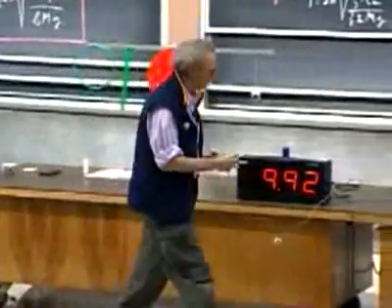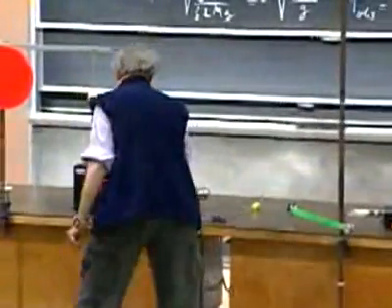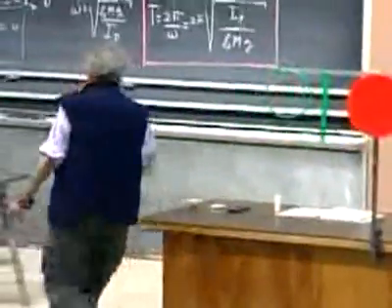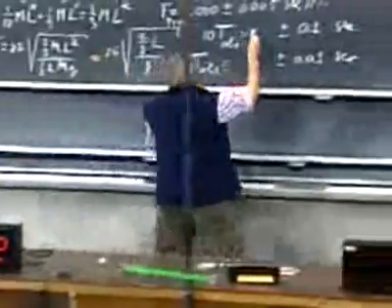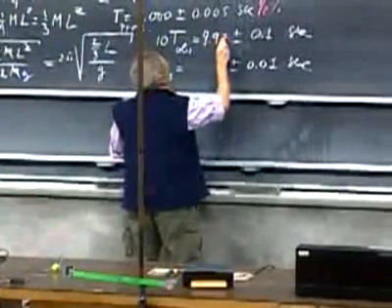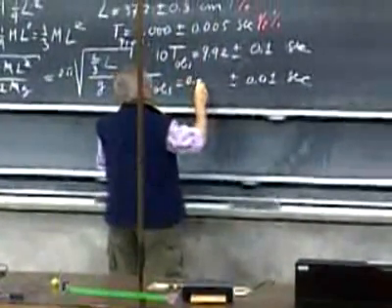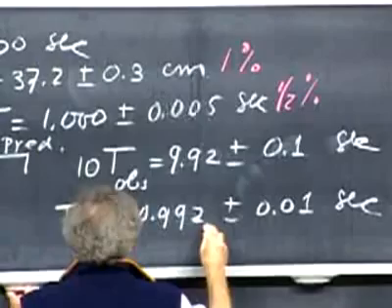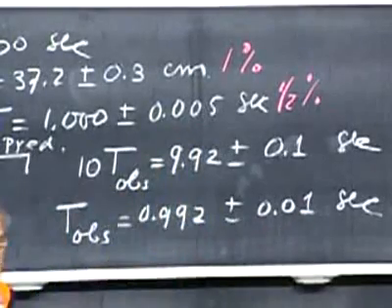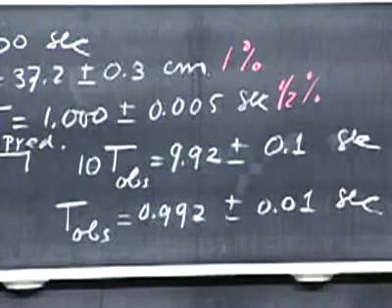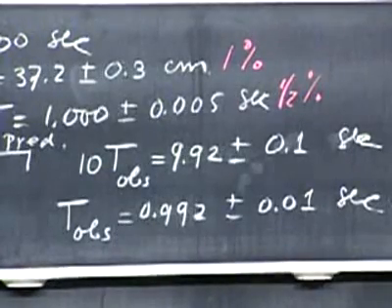Not bad. 9.92, well within the prediction. 9.92. And so this becomes 0.992 plus or minus 0.01. And you see that is well within the prediction that I made.